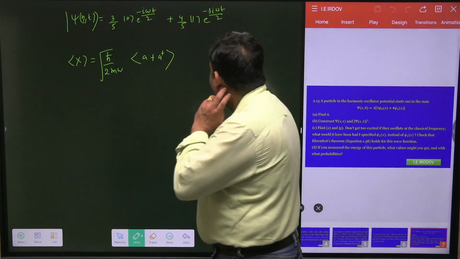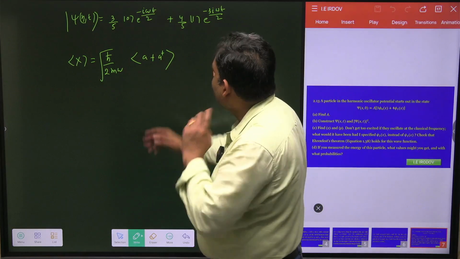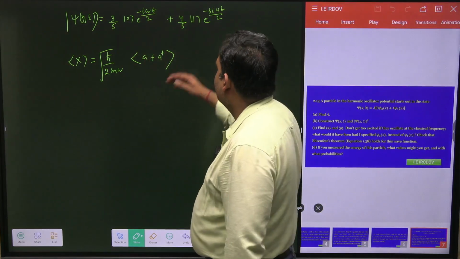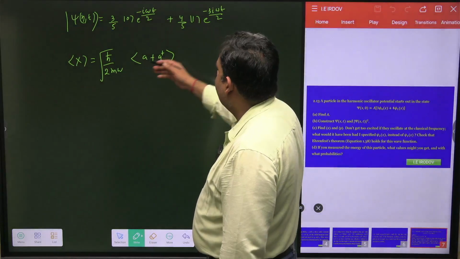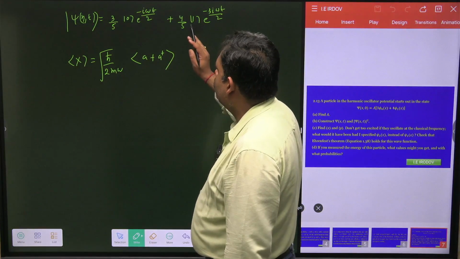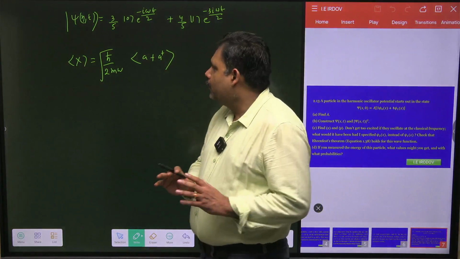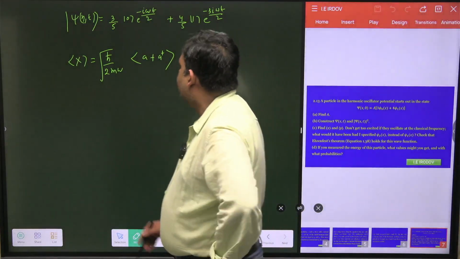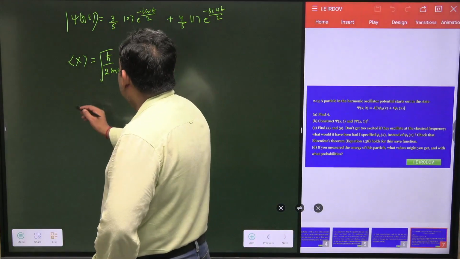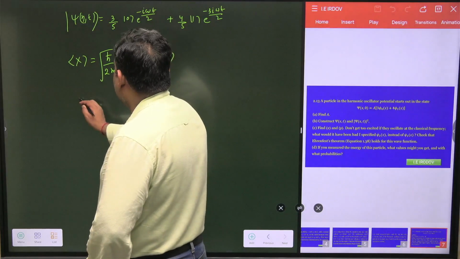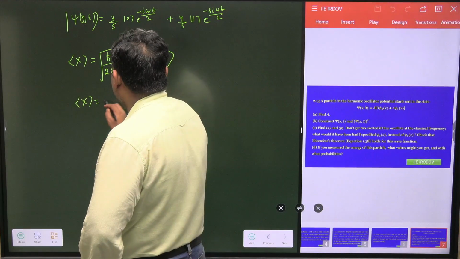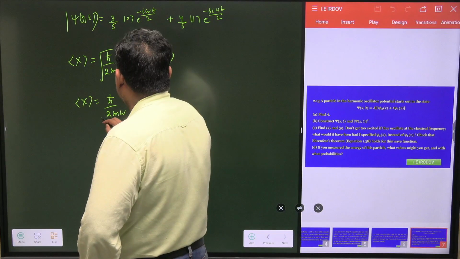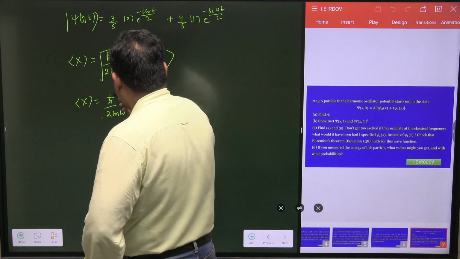So when we get the average value of 0 on A and A dagger, that will be 0. Average value of 1 on A and A dagger, that will be also 0. So only the cross term is going to survive. So when the cross term survives, what will I get? We will get this particular term, that average value of x is h cut upon 2m omega, or you can write something like this also.